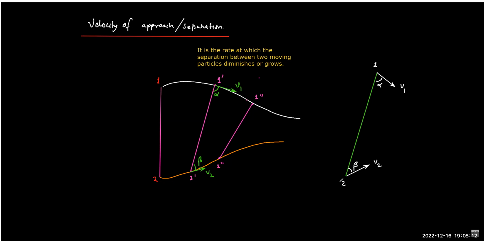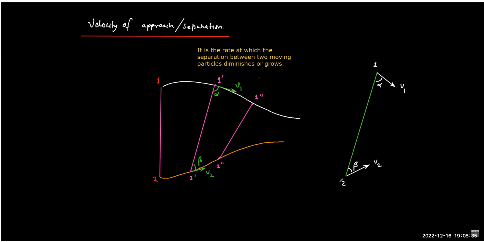Excellent. And what is the rate at which 2 is approaching 1? V2 cos beta. So what is the velocity of approach of these two particles? I'm also approaching, you're also approaching, so we are trying to diminish the gap as fast as possible.